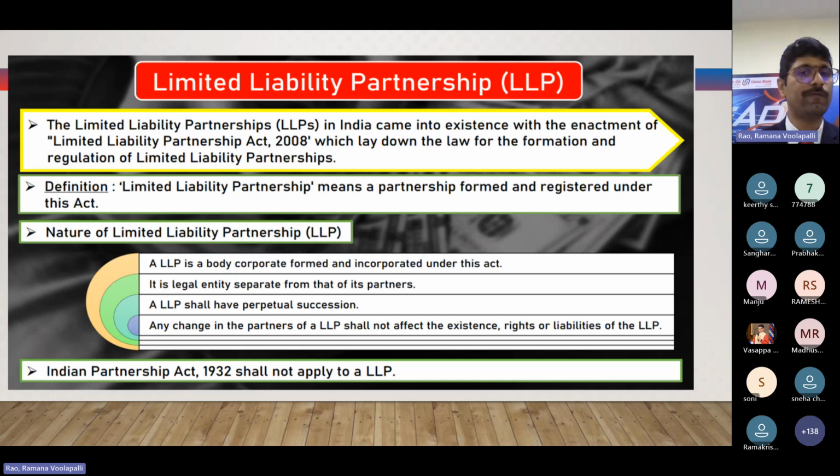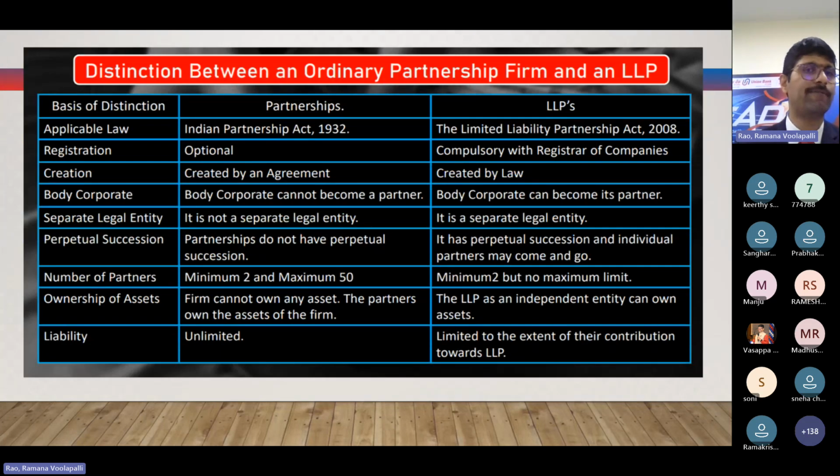So the nature of limited liability partnership, you can say, is a win-win situation of both partnership as well as corporate bodies. Let us try to understand the difference between the partnership and a limited liability partnership. The applicable law is the Indian Partnership Act for partnership and the LLP Act for LLP.